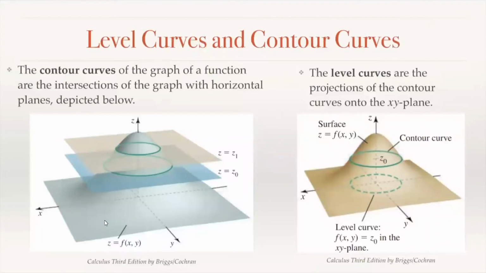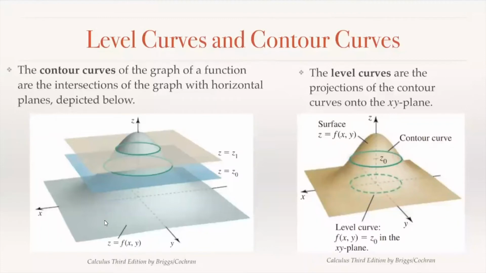And there's a subtle distinction between contour curves and level curves. Contour curves of a graph are the intersections of the graph with horizontal planes, as depicted here. So we take various horizontal planes, and each of those gives a contour curve. And if we project those contour curves down onto the xy plane, then those are level curves.